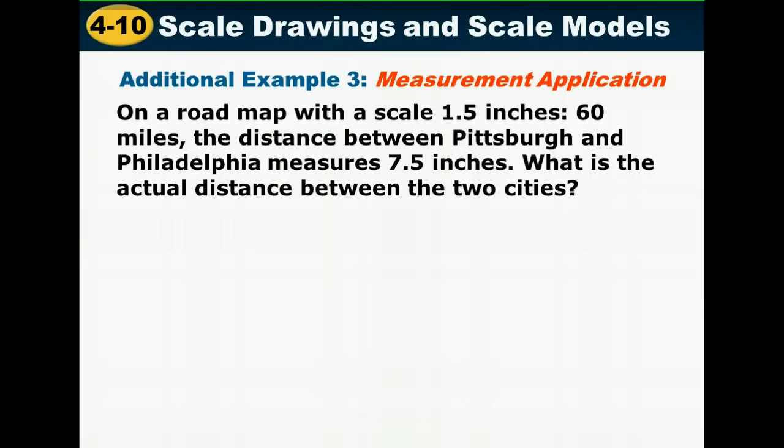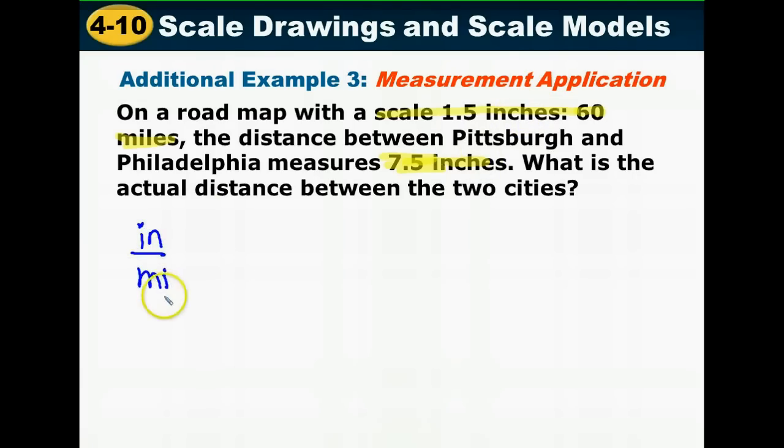So here, let's highlight the most important information. The scale was for every 1.5 inches, it actually represents 60 miles in real life. And they tell me on the map, they measured 7.5 inches, and we need to find the actual distance in real life. So again, here I'm comparing inches to miles.